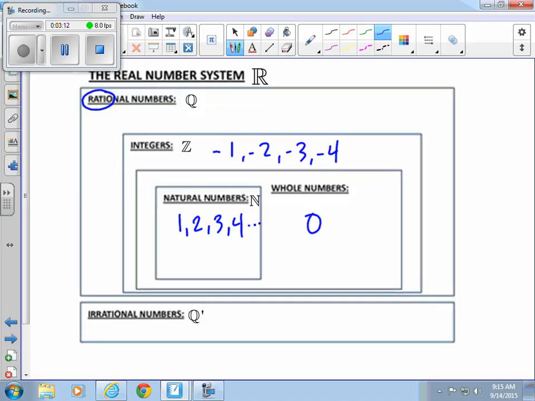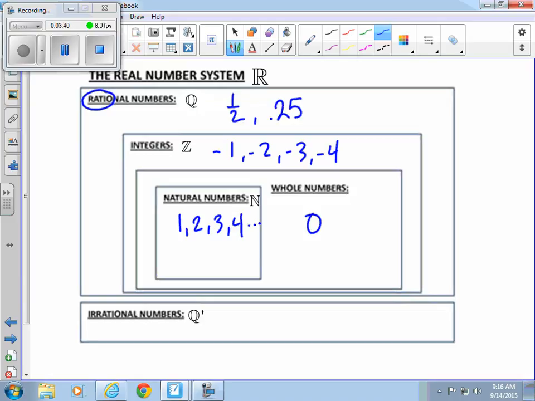Yes, because I could write 4 as 4 over 1, and 3 over 1, and 0 over 1. Those are all technically fractions, so those are all rational numbers. Integers are rational, so that's why I've got this graphic organizer where it's a big box around them. But then rational numbers also include numbers like a half or 0.25.